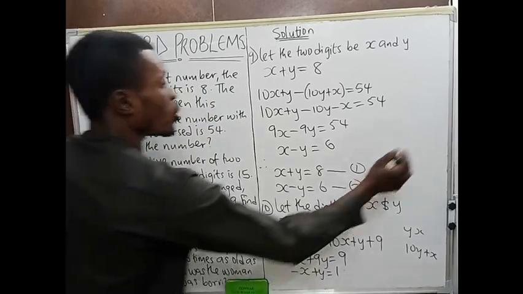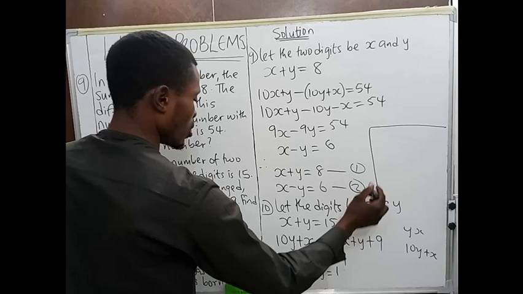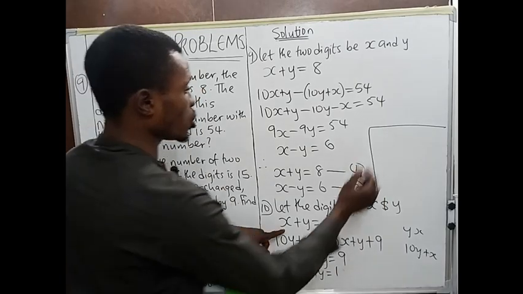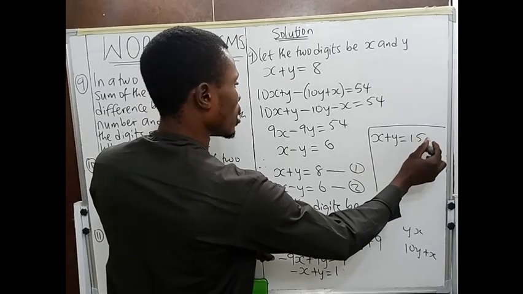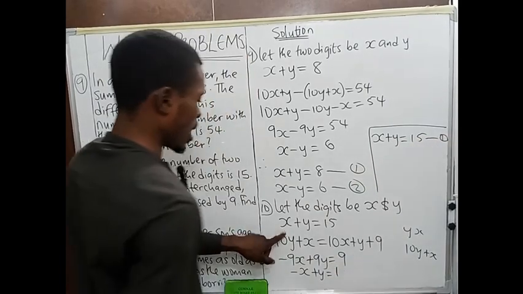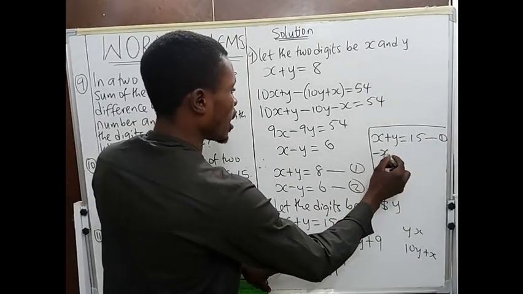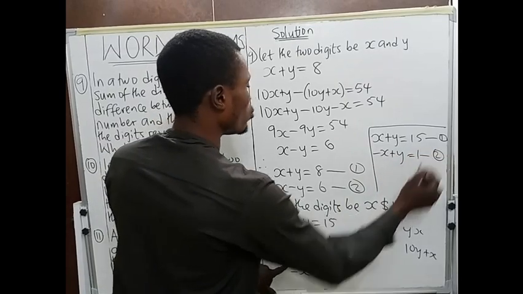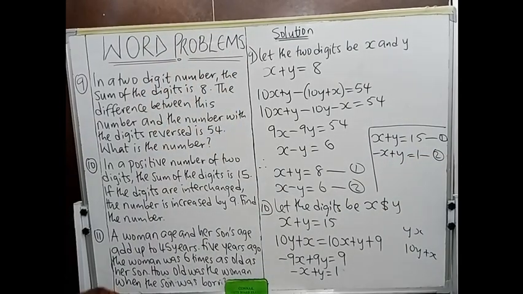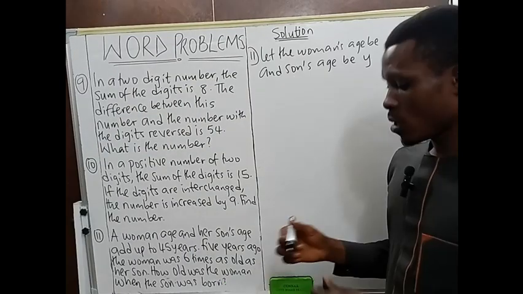Hence, we obtain the first equation, x plus y equals 15, equation 1, and the other, minus x plus y equals 1, equation 2. Then we'll move to number 11.